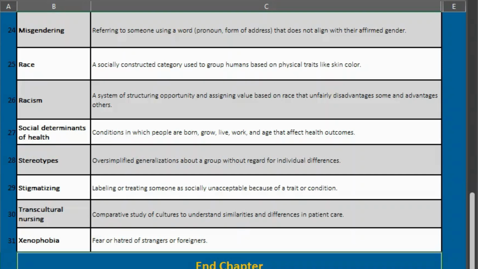And ethnicity is a social group that shares a common and distinctive culture, religion, language, or national origin. For instance, Latinx patients may prefer family-centered decision making, reflecting, like I said, ethnic values. That's it. Just be aware of biases, a lot of bias.